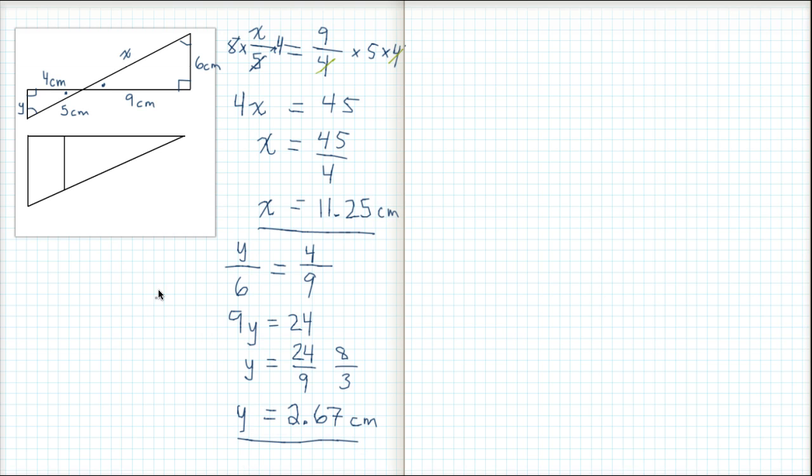Okay, I'm not going to do another example, but I'll just give you one warning for this type of example. Be careful here that if you're given sides like this is 2 centimeters and this is 7 centimeters, make sure you know what's referring to what. So if this is 2 centimeters and this is 7 centimeters, then that side for the big triangle is going to be 9 centimeters.